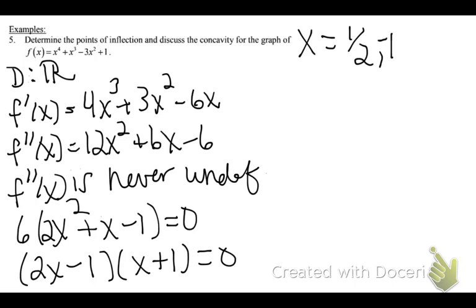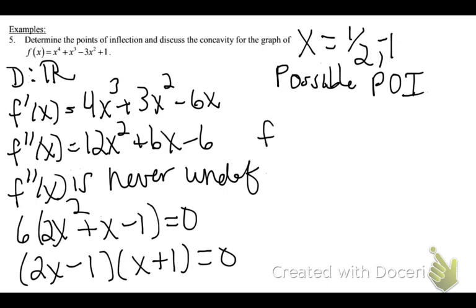So these are the numbers I'm going to put on the second derivative number line, and these are possible points of inflection. In order for them to actually be points of inflection, we need to have a change in concavity.